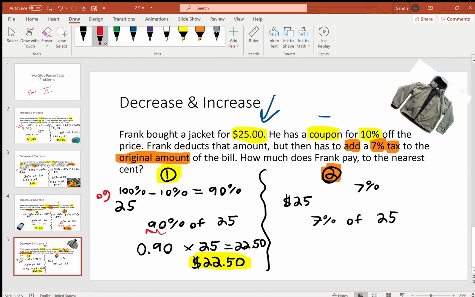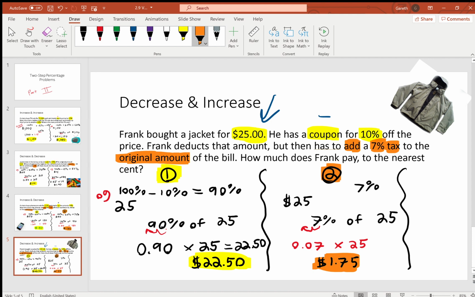I'm going to move this decimal point 2 steps over to the left. That gives me 0.07 times 25. And using my calculator again, just to save time, that's 0.07 times 25. Aha, $1.75. I'm sorry, I miswrote that. $1.75.